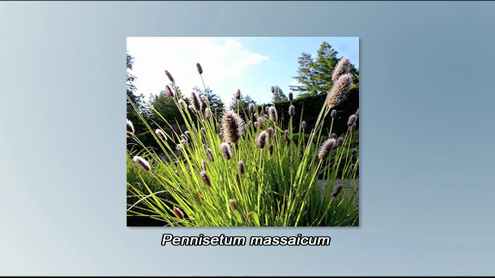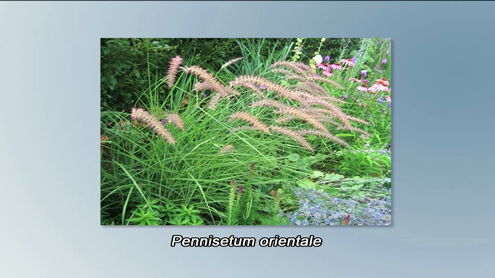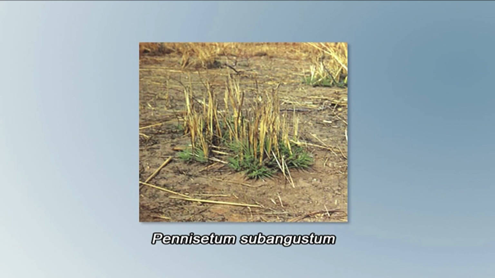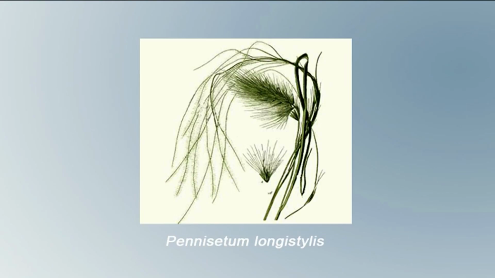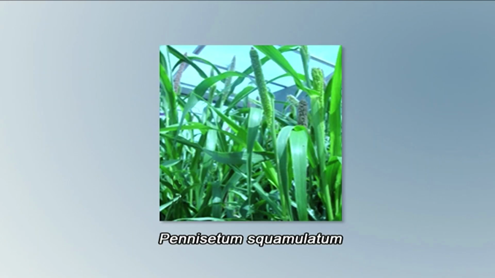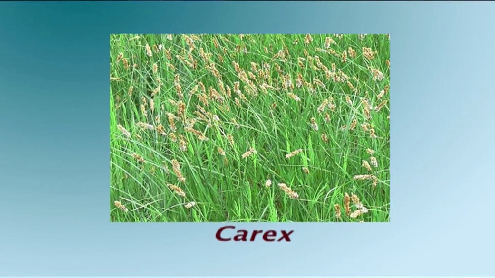Pennisetum mezianum with 2n=32 and Pennisetum orientale with 2n=36 and Pennisetum subangustum with 2n=36 suggested probable autotetraploid nature, and the 3 hexaploids investigated, that is Pennisetum polystachyon, Pennisetum longistylum and Pennisetum squamulatum with 2n=54, revealed allohexaploid constitution.